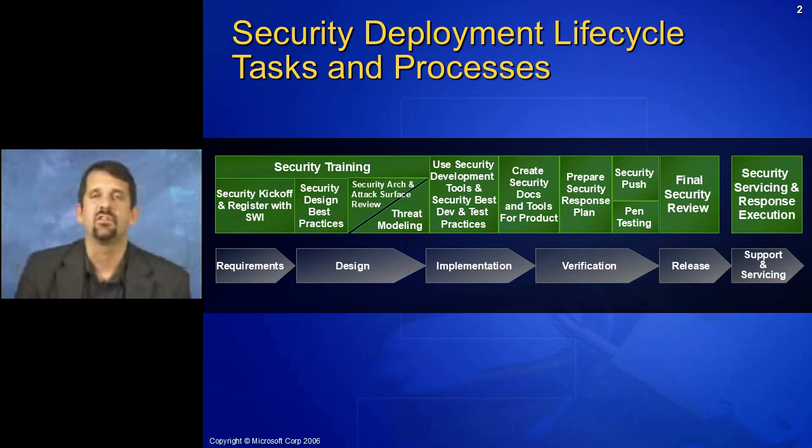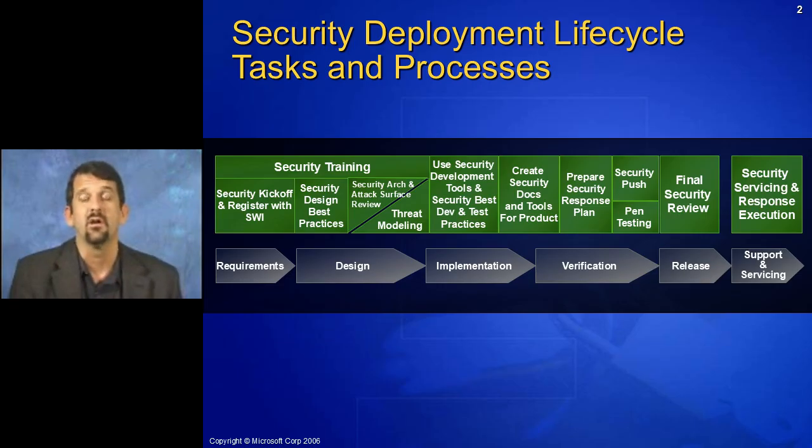During the implementation stage of the project, there are a number of things that we ask product development teams to look at to help make sure that they're building software that is maximally secure. Some of these are as simple and trivial as the build tools and build options that the teams select in terms of how they compile their software.